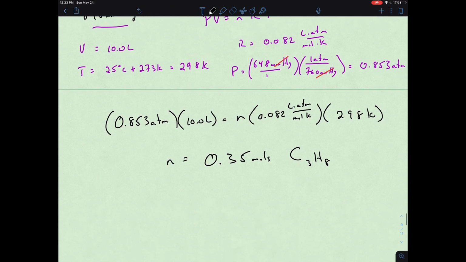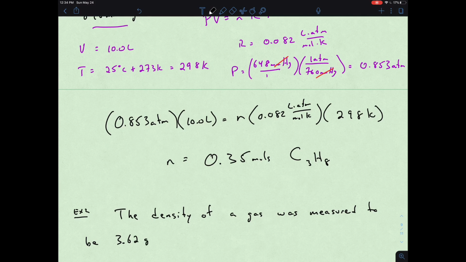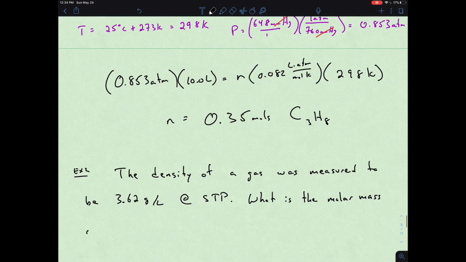Let's do another example. So here we have the density of a gas, and that was measured to be 3.62 grams per liter at STP, our standard temperature and pressure.